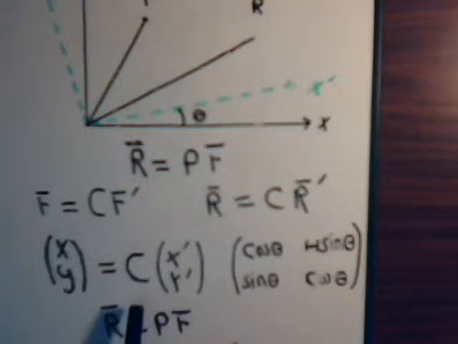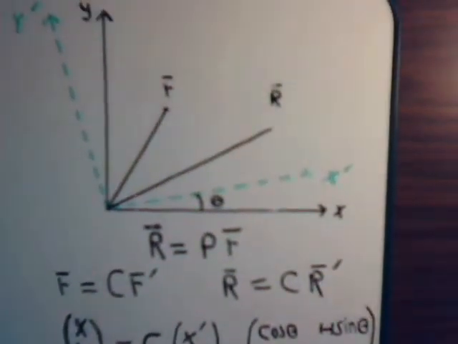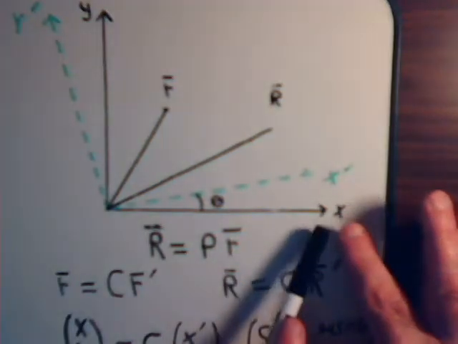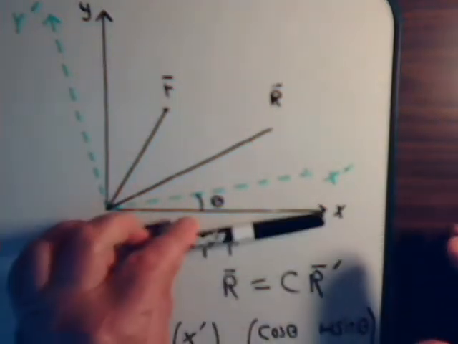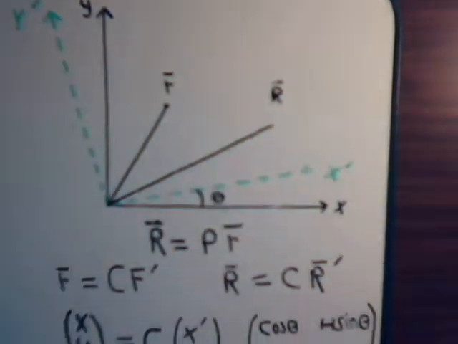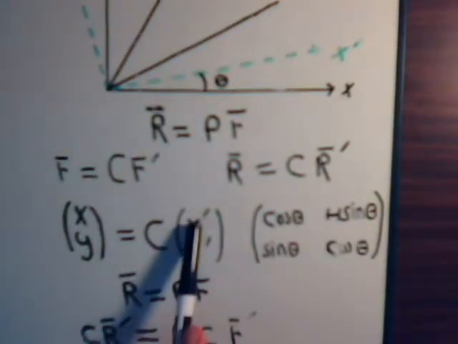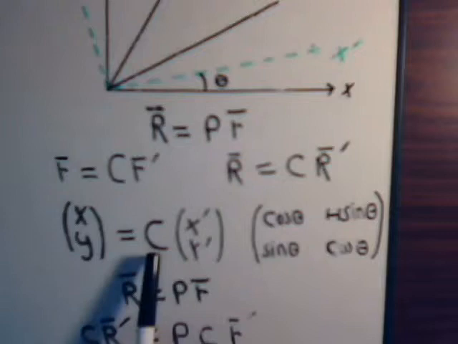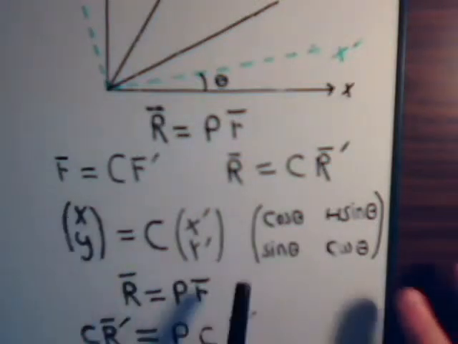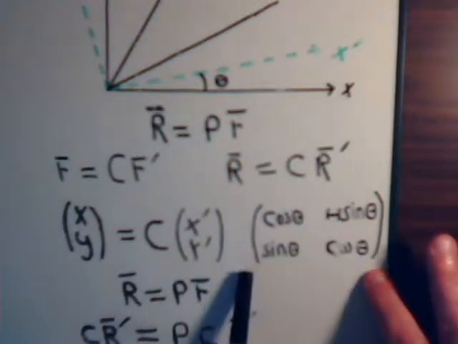And since the effect of this matrix is just to rotate the unprimed axis into the primed axis, then the matrix that takes an x prime, y prime point and transforms it into an xy point is sometimes then just called the rotation matrix.